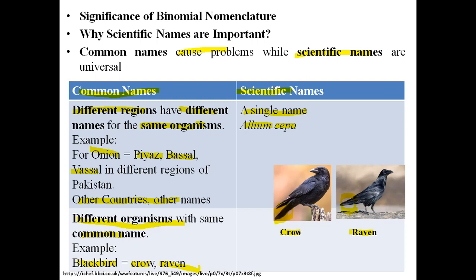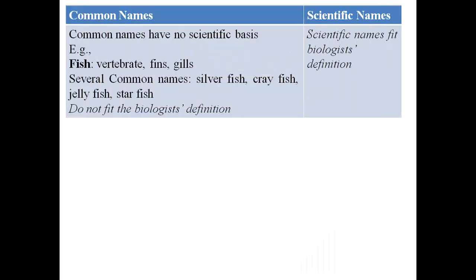So harmal is used for two plants. This is another example just for information, but in your book the blackbird example is mentioned.